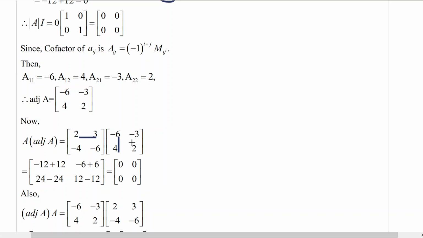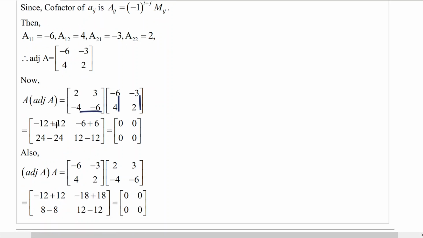Then multiplying this same row with the second column, 2 into minus 3 is minus 6, and 3 2s is 6. Once the first row is multiplied with both the columns, now we can multiply the second row with both the columns. So minus 4 into minus 6 is 24, minus 6 into 4 is minus 24. Then minus 4 into minus 3 is 12, and minus 6 into 2 is minus 12.